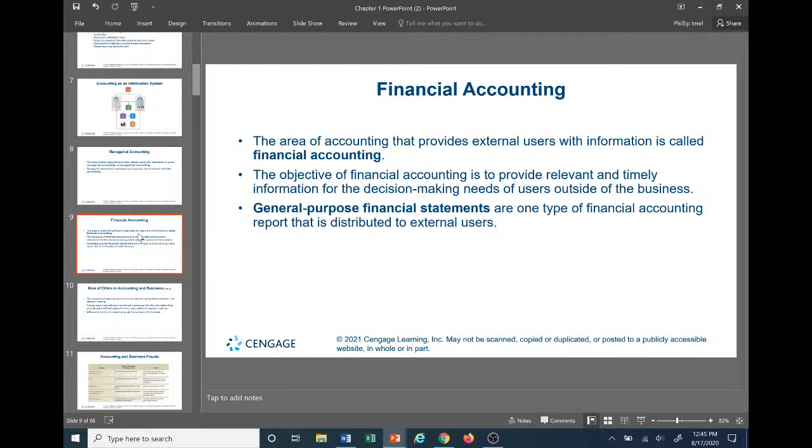They need this financial information to make decisions that are going to be useful for whatever they want to accomplish. And general purpose financial statements are one type of financial accounting report that is distributed to the external users.